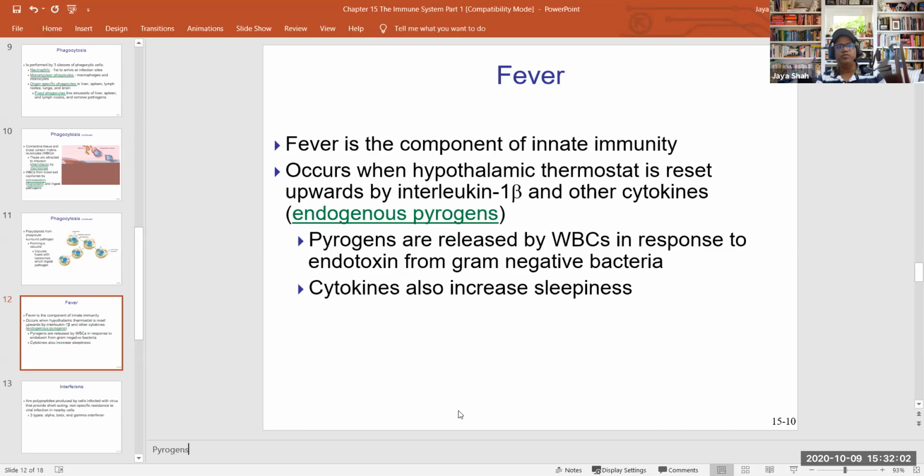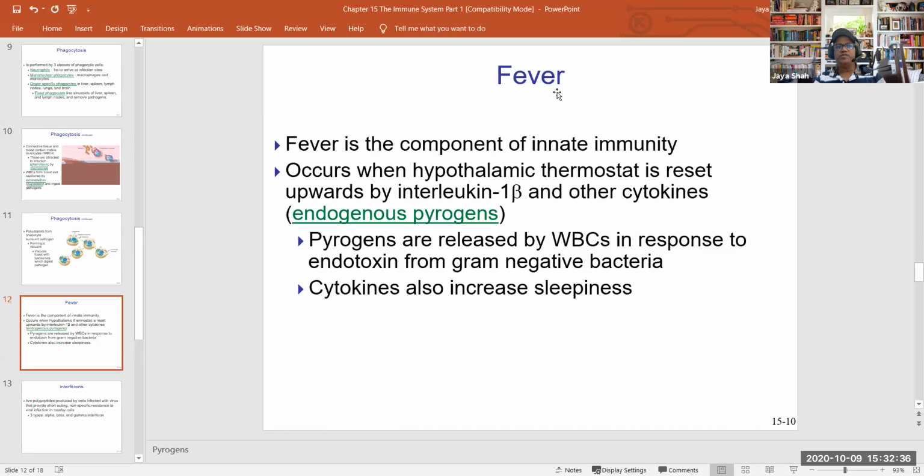Fever is produced in response to pyrogens to increase the body temperature in hope that in high body temperature, microorganisms will not grow and multiply. Okay, that's why fever, which is increased body temperature, is a component of innate immunity, because fever can suppress any kind of microorganism.